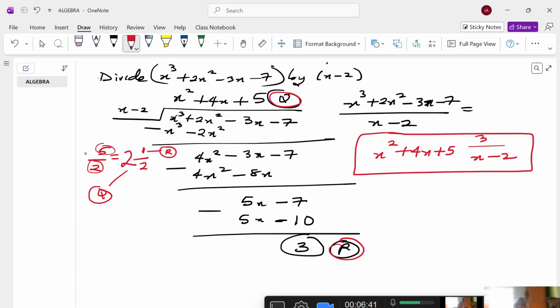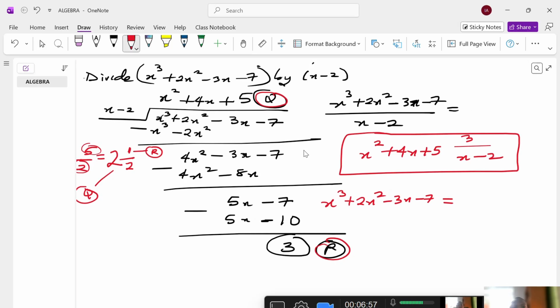You can also view your results in such a way that x cubed plus 2x squared minus 3x minus 7 is equal to, going back, 2 times 2 is 4 plus 1 is 5. That means this times this plus this.